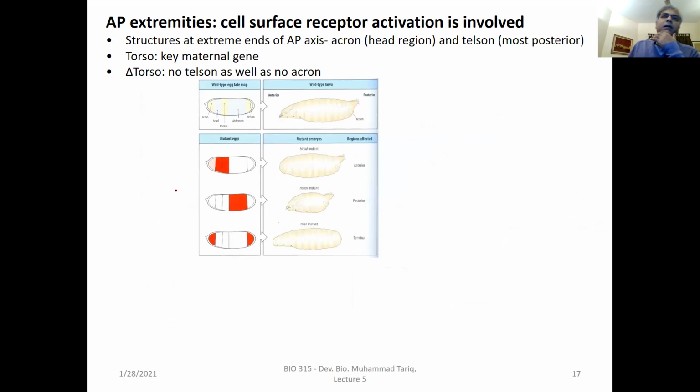Now, what we already learned is that structures on the anterior acron, the telson, we already saw that the bicoid mutant loses the anterior side, the nanos mutant the posterior side, and torso both sides.